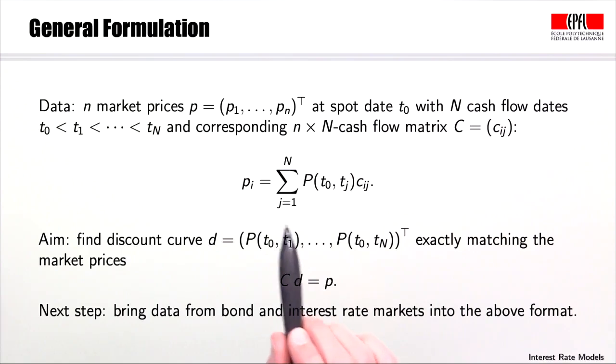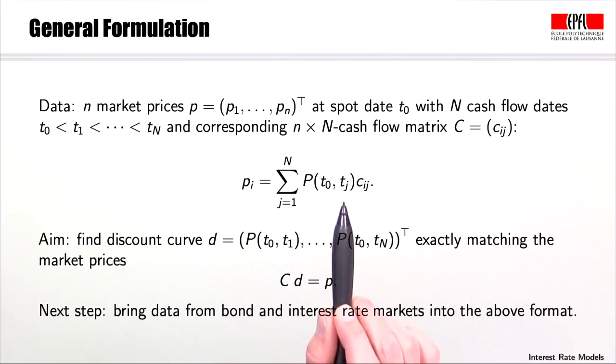Now the special thing about this sum is that we will sum over all possible cash flow dates, and there are capital N of them, even though instrument i may not have a cash flow at that date. We will then simply put Cij equal to 0.